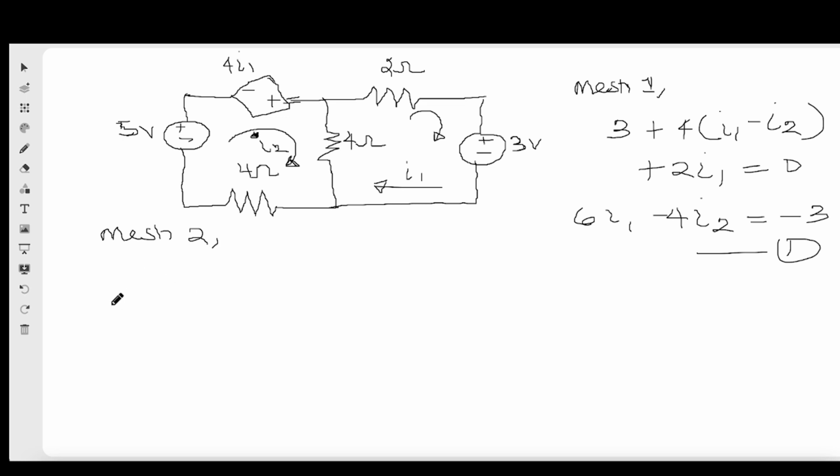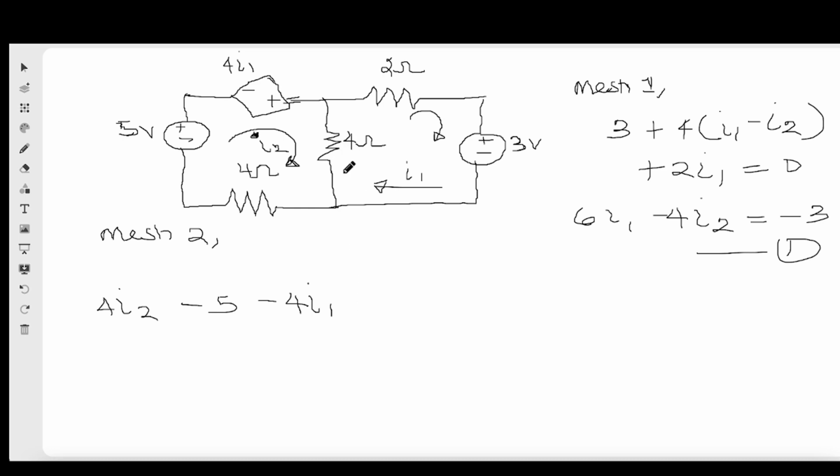So mesh 2. When it gets to 4, we have 4I2. When it gets to the 5 volt voltage source there, we have minus 5. It is entering through the negative, right? When it gets to this dependent source here, it's also entering through the negative. So that's minus 4I1.